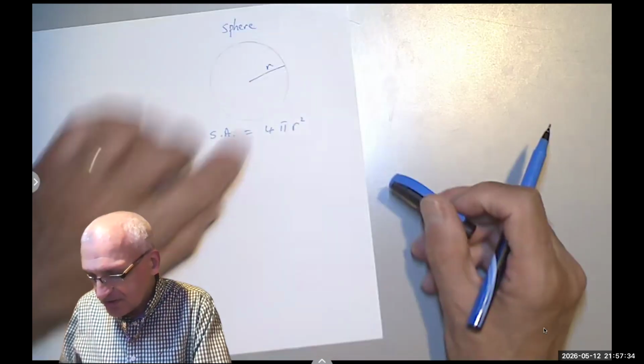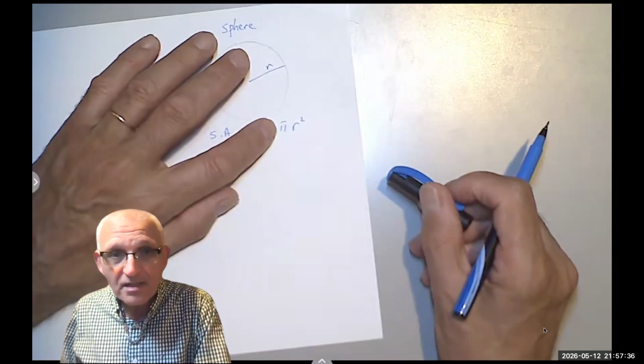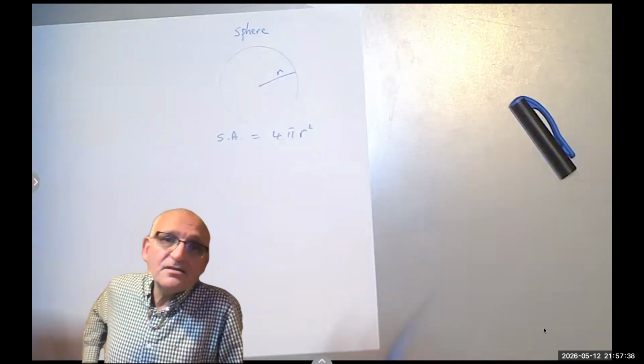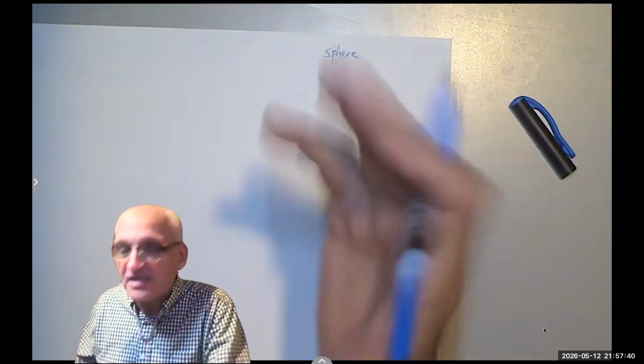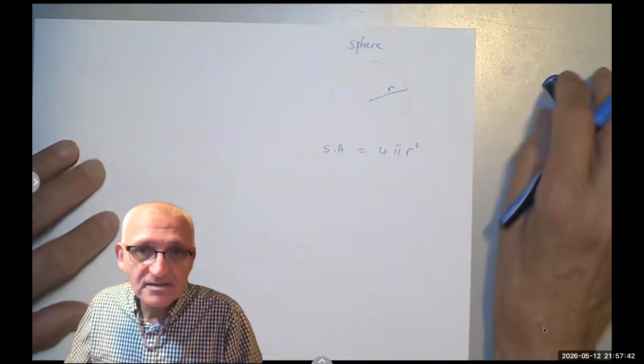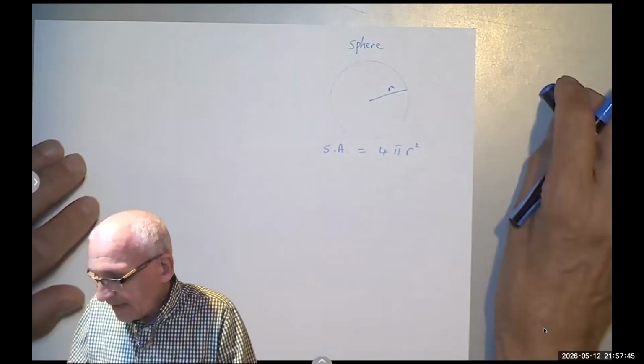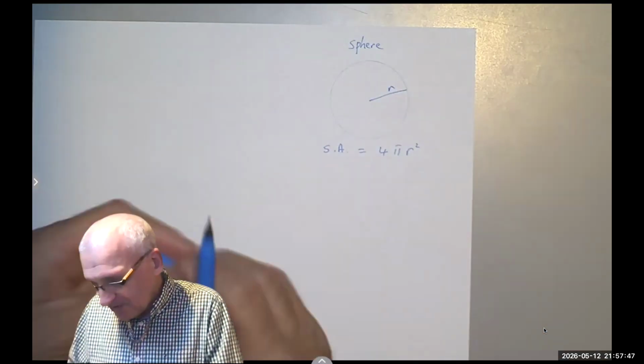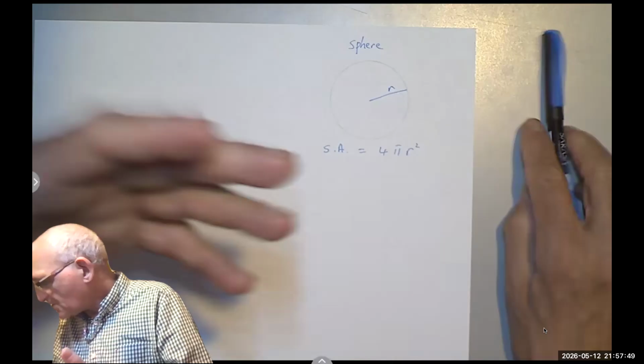So we know a circle has an area of pi r squared, and the surface area of the sphere is 4 times that.